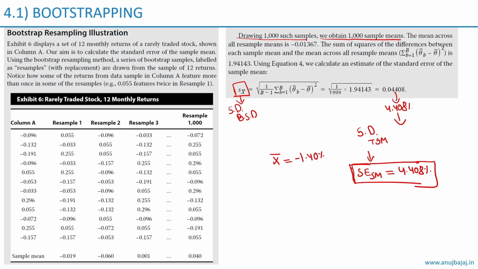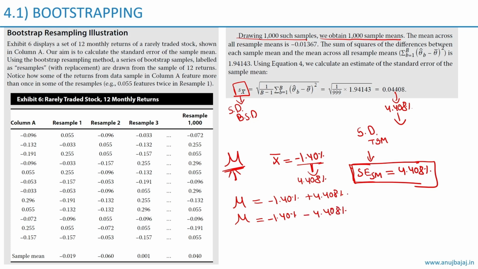Now how do we use the standard error of the sample mean to make some inference about the population mean? We can say the sample mean deviates about 4.408% from the population mean. So our population mean could be negative 1.40% plus 4.408%, or negative 1.40% minus 4.408%.